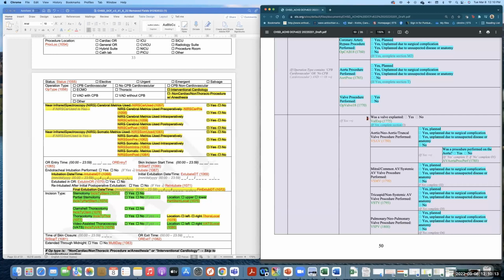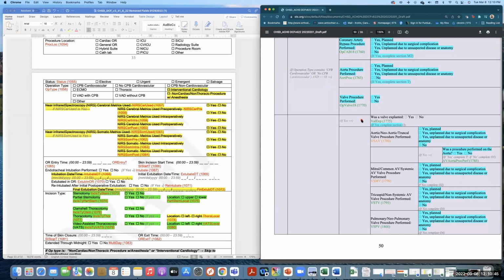For the purposes of this, that means that the patient had a prior valve that you're explanting. It does not mean they got in there like they're doing an AVR and they put a valve in, but then they decide it's too small, so they take it out and they put another one in. That's not a valve explant. An explant is a valve that was previously put in, and we're going to take that out.